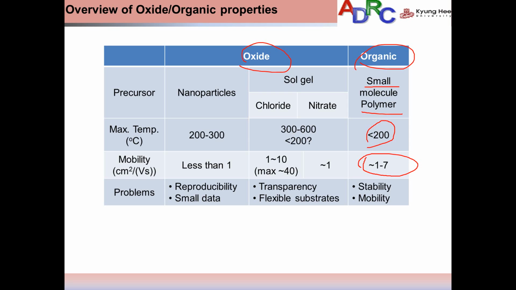And the issues related to the organic are stability and mobility. But in the case of oxides, it's very easy to get higher mobilities. It can be over 40 centimeters square per volt second, and even higher values have been reported.